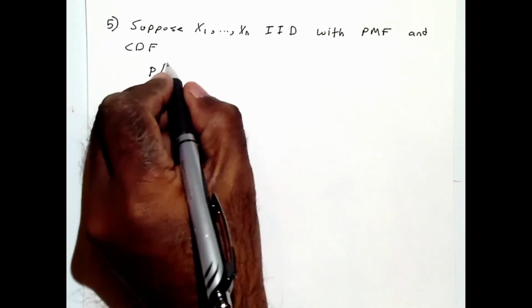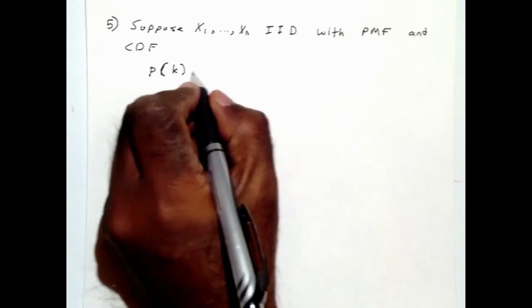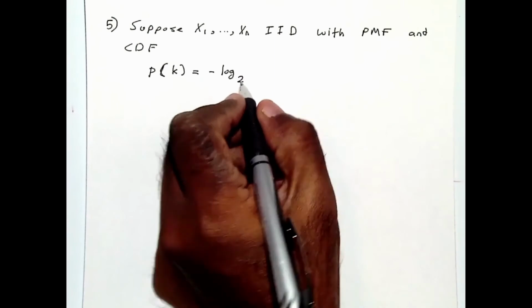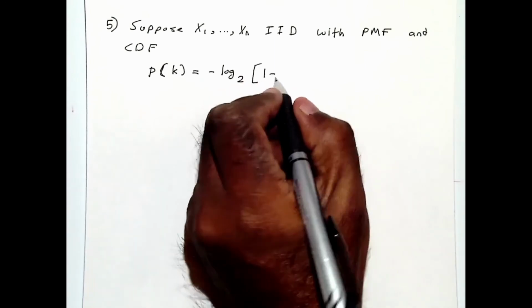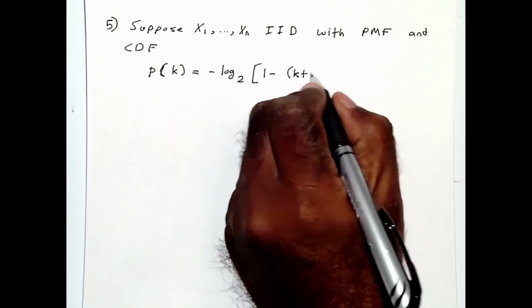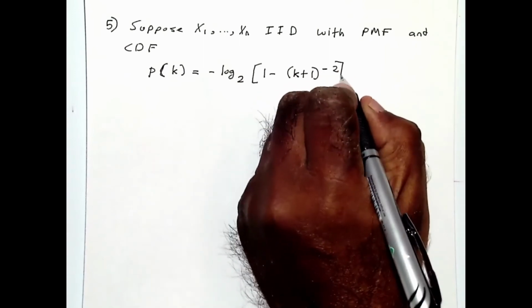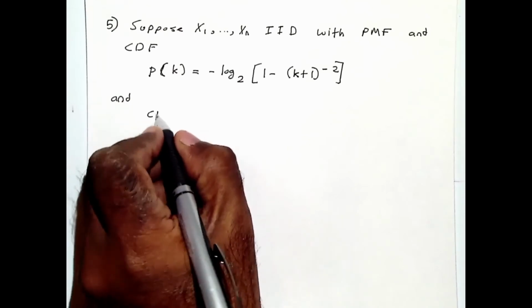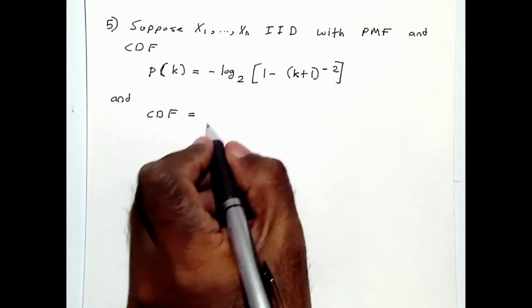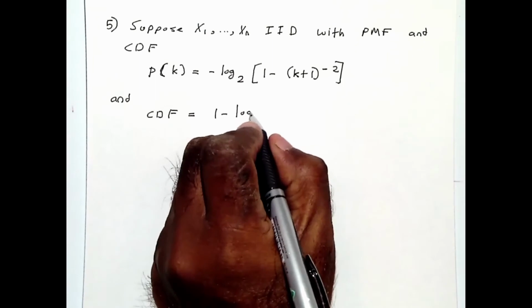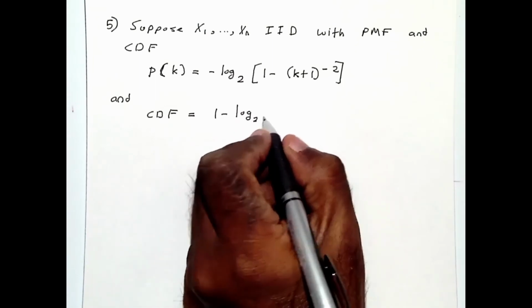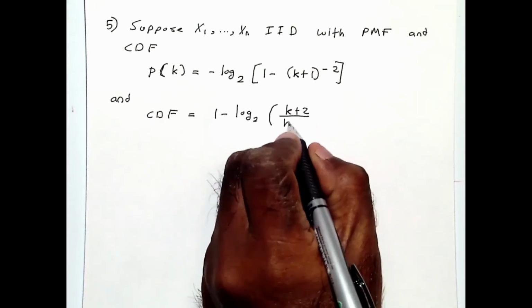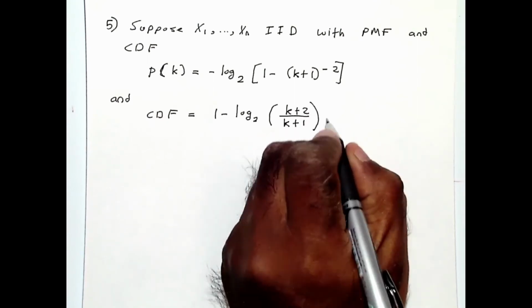So the probability mass function is minus log, and the CDF is given by the following.